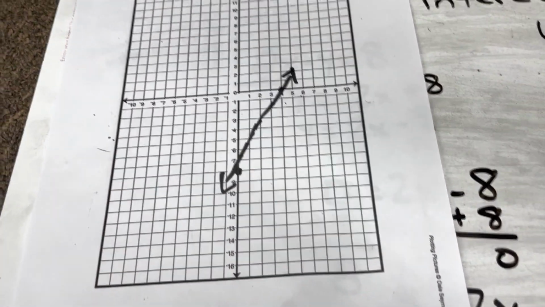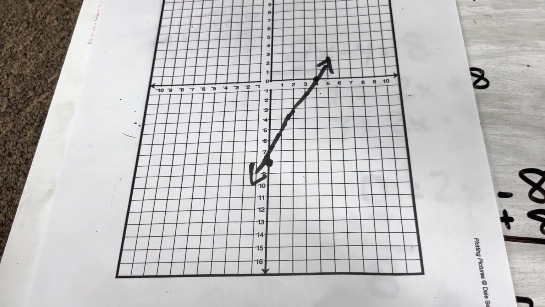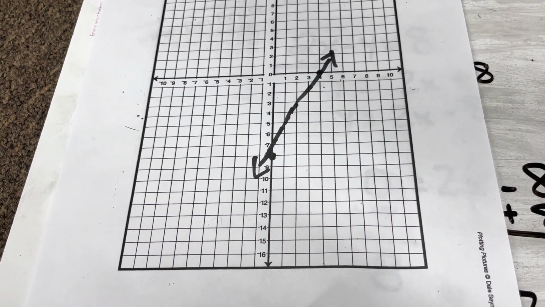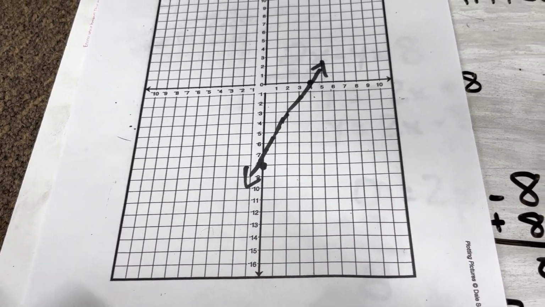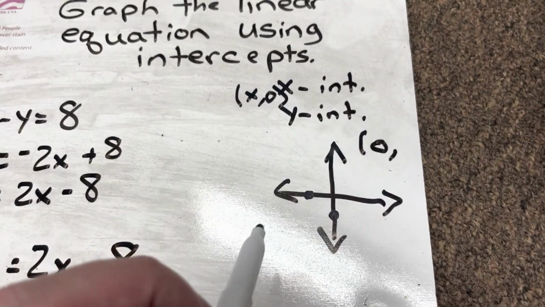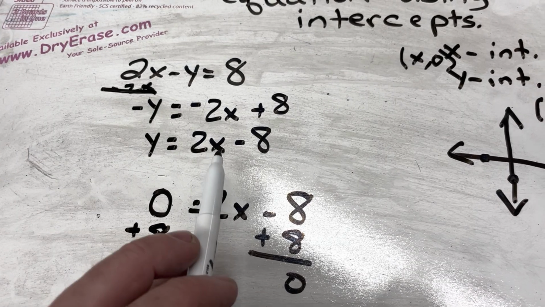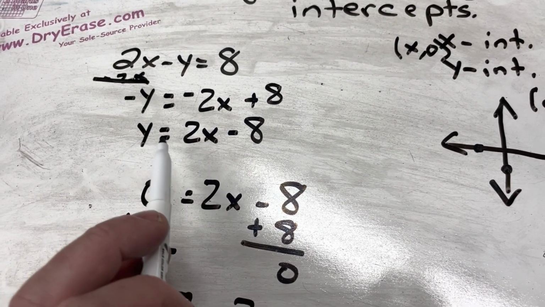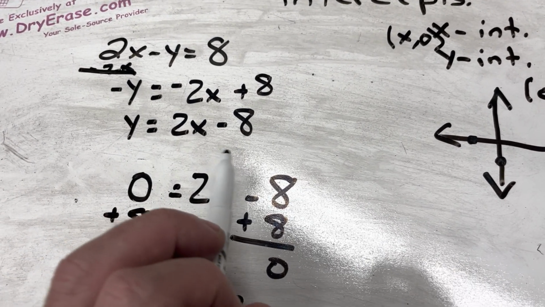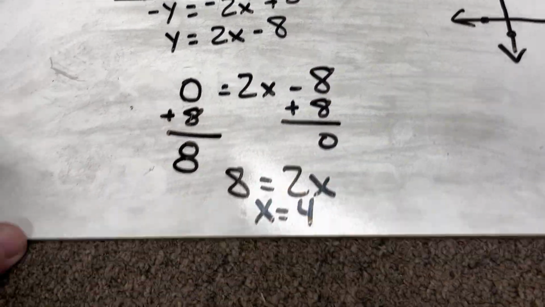But you get the idea. And of course, we put arrows to show that the line is ever going. So you don't even have to go through the process of making x 0 to figure out y. I mean, you could, but if you already have it in slope-intercept form, you know what the y-intercept is going to be.